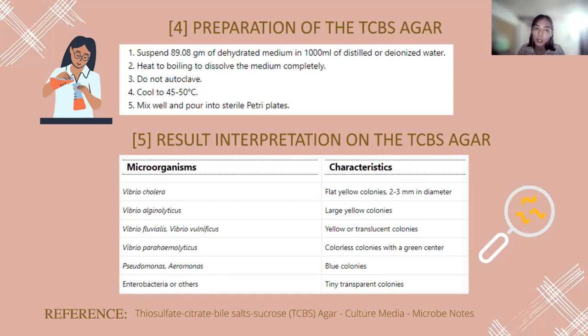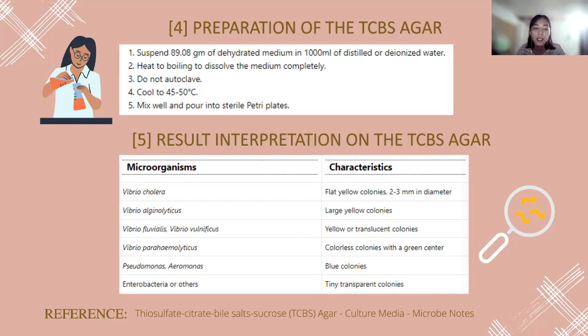Okay, so most of the things that I mentioned a while ago are just advantages of using this type of agar. Another advantage is that it is very useful in isolation of Vibrio cholerae and enteropathogenic Vibrio species. So we can use this agar when we are isolating Vibrio species coming from our gut, and in understanding and studying them.